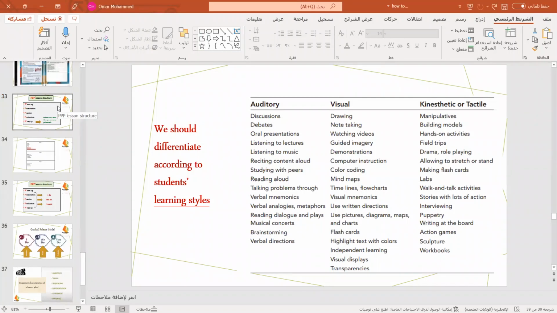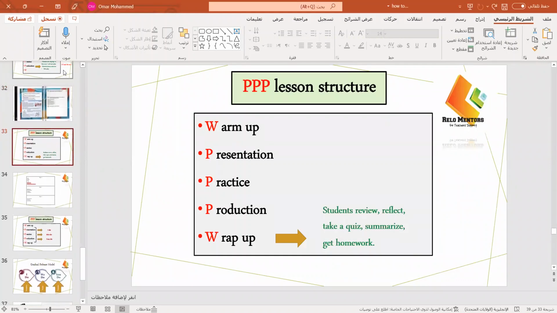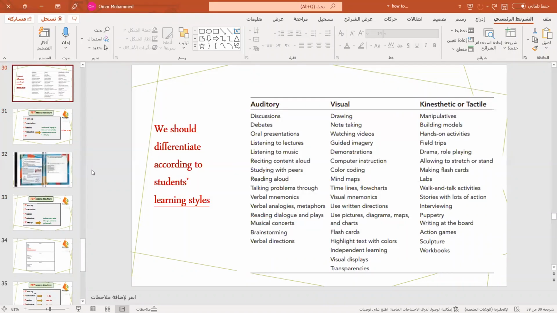Okay. As we said, we have different standards of students. We have fast finishers and we have slow learners. So we can make different activities to suit all of them. Then we can enrich their experience. Thank you, Ms. Azza. Yes.